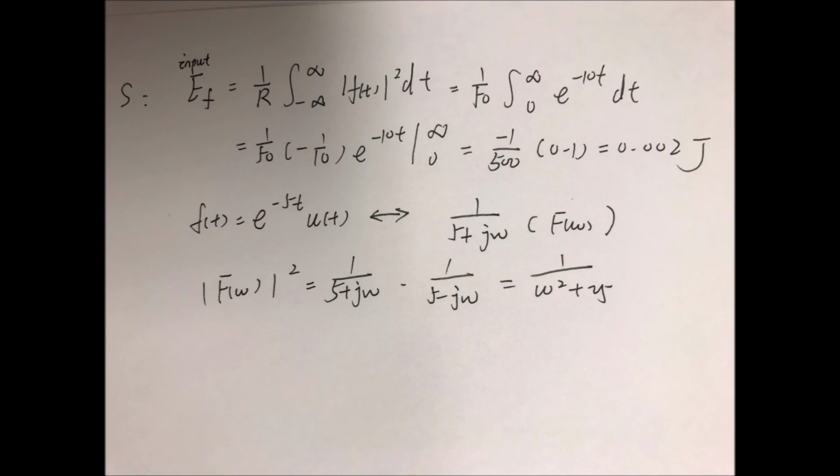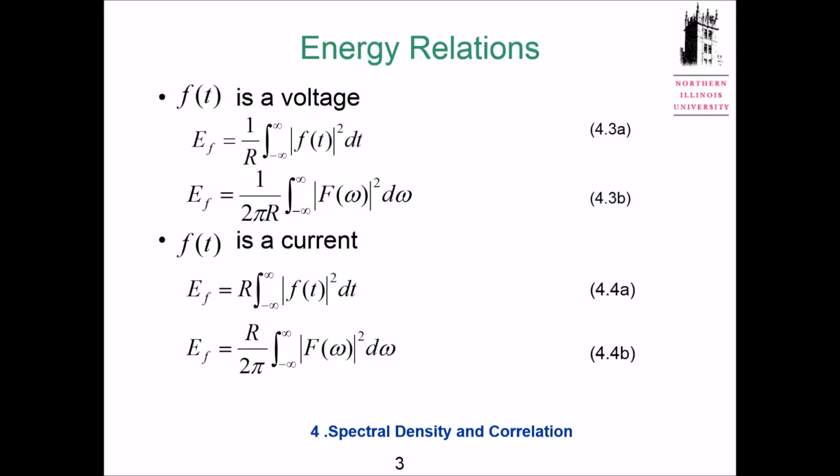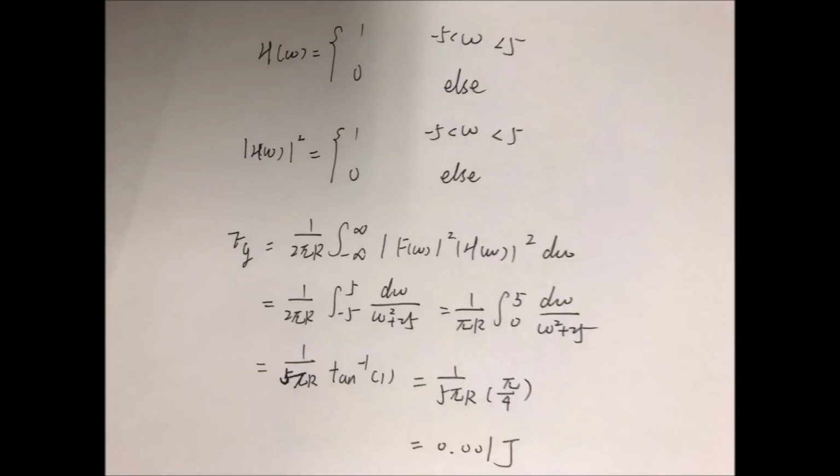Okay, now we want to look at the system, right? The system frequency response, absolute value squared, because magnitude squared response. So this is H(ω), right? Let me write it down for you. H(ω) is 1 from -5 to 5.